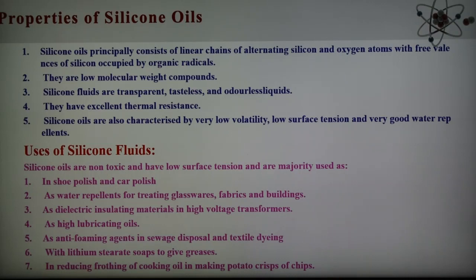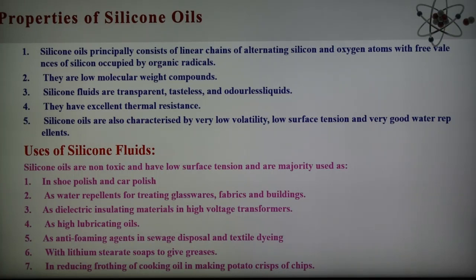Some important properties of the silicon oil or fluid are as follows. Silicon fluids generally consist of linear chains of alternating silicon and oxygen atoms with the free valencies of silicon occupied by organic radicals. Second, they are low molecular weight compounds. Third, silicon fluids are transparent, tasteless, colorless, odorless liquids with no known harmful effect.